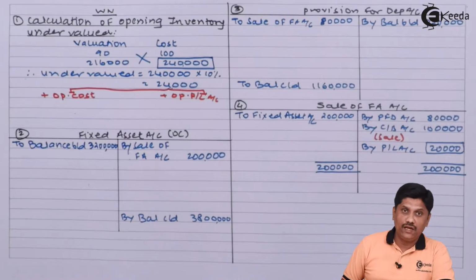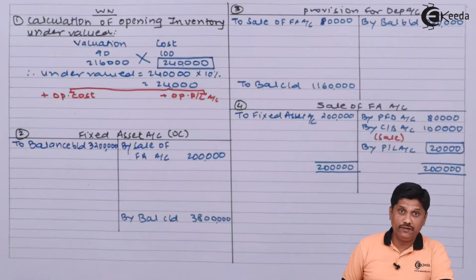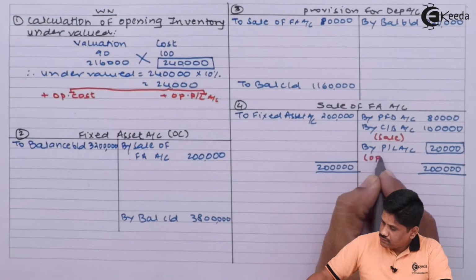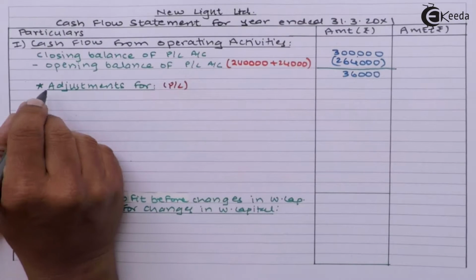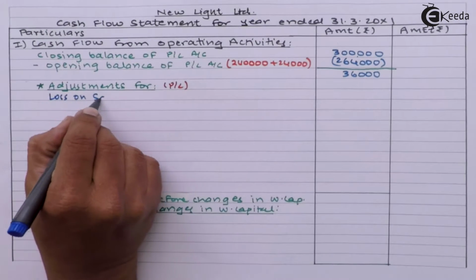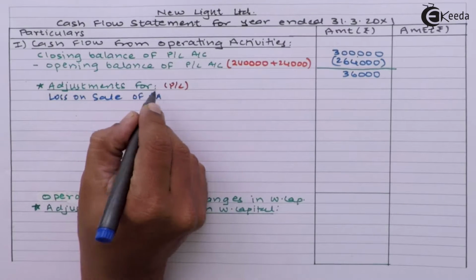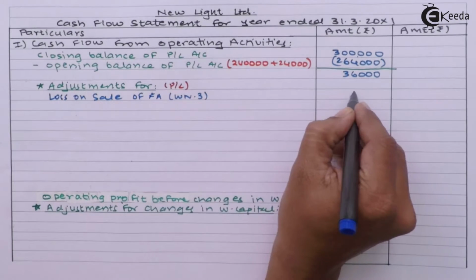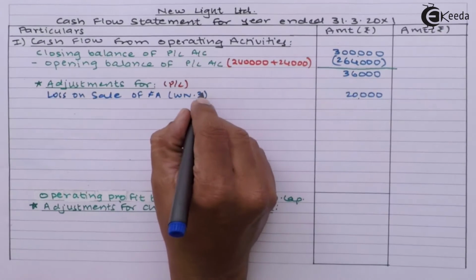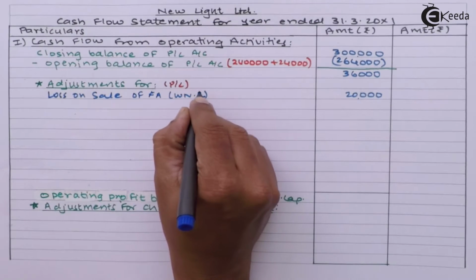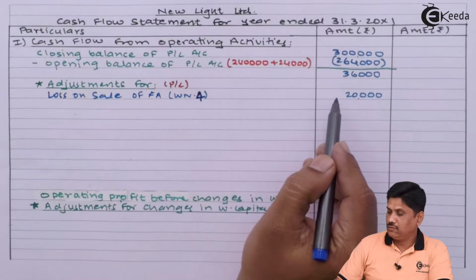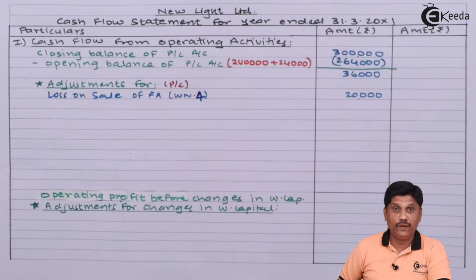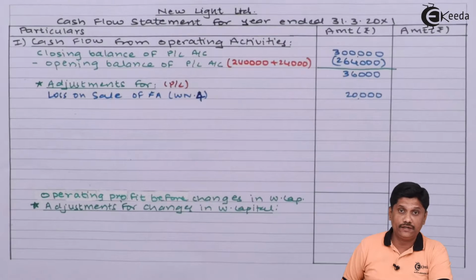And the minute I say PL account, it will be taken care by your operating activity being it is non-cash or I can say non-operating item. Working note number 4, we have loss on sale of fixed asset 20,000 which is adjusted in your operating activity.